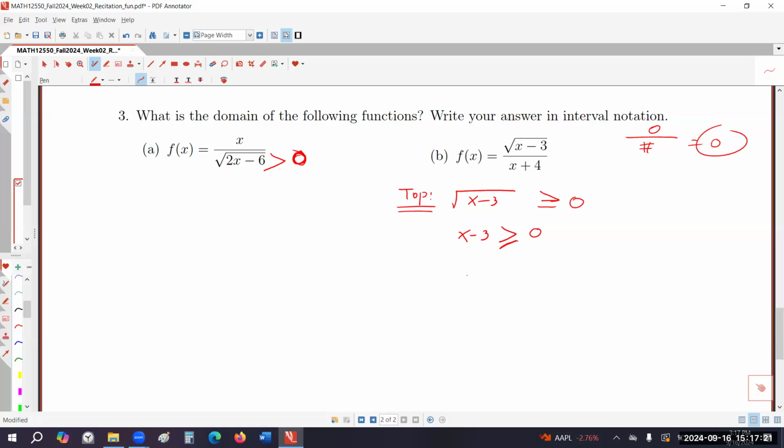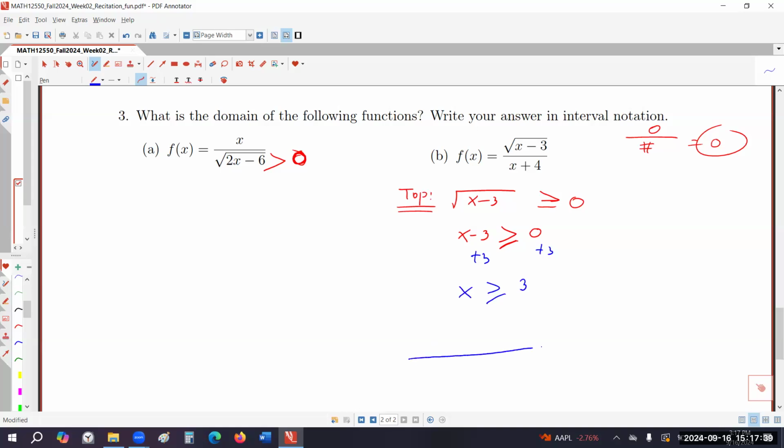To solve for x, what do you do? If you want to get x, we need to get rid of the 3, right? How? Add. So if we add 3, we get x is bigger than or equal to 3.